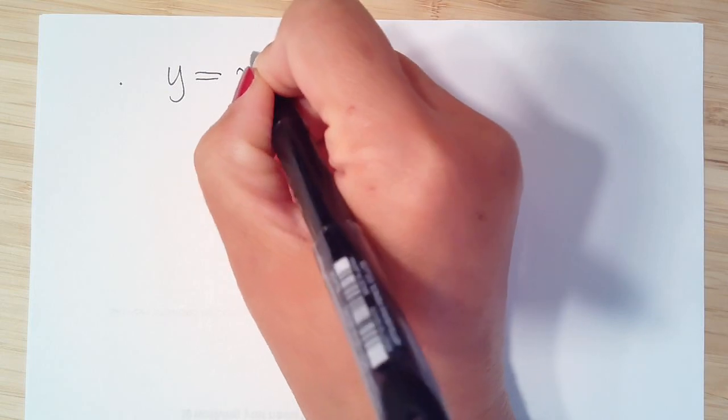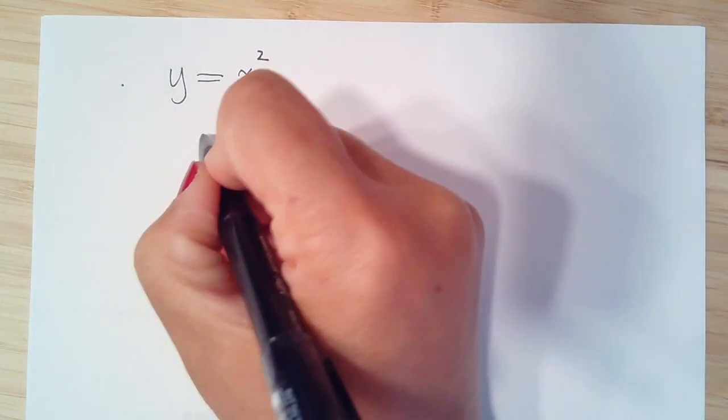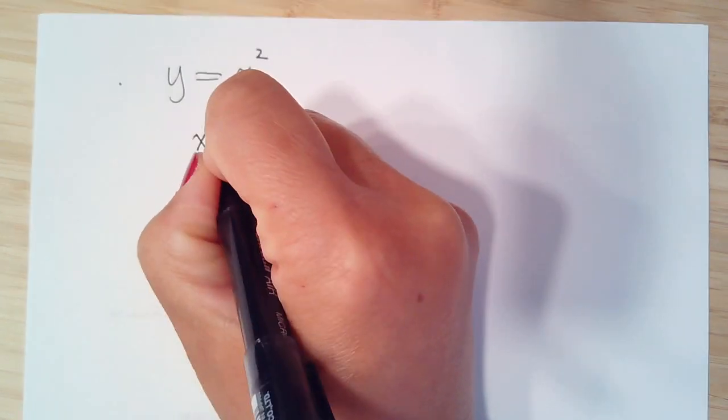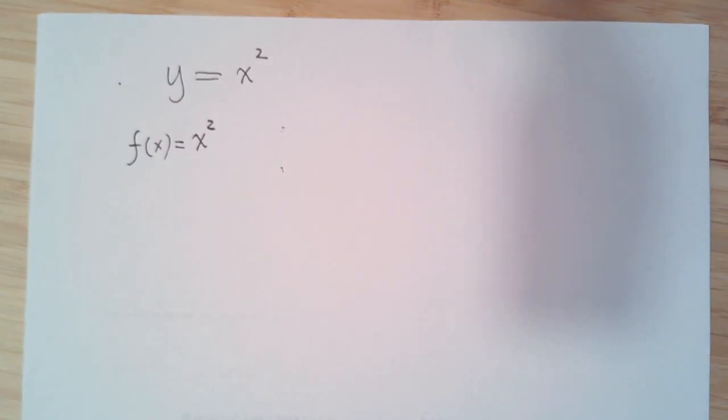Now I'm going to ask you to check whether it's an even function or an odd function. So the first one, y equals x squared. What do you think? You're going to put in x and negative x to see whether they're equal, or they have opposite signs, or they have totally no relationship. So x squared, or we call that f of x equals x squared.